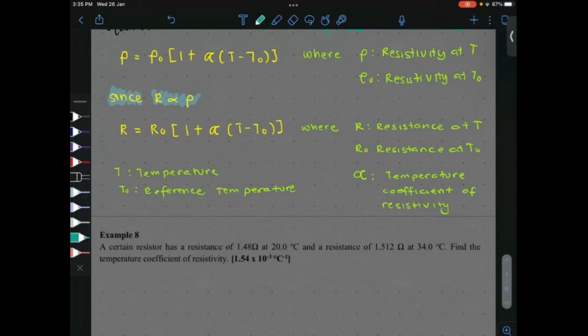So this reference temperature is also known as the lowest temperature. So temperature yang paling rendah. Okay, kadang-kadang dia akan guna temperature 50 dan juga 100. So yang paling rendah dekat sini adalah 50. So that 50 degrees Celsius will act as your T naught, reference temperature sekarang. Okay, so choose the lowest temperature as your T naught.